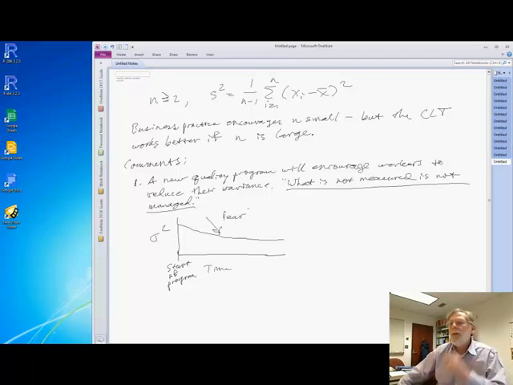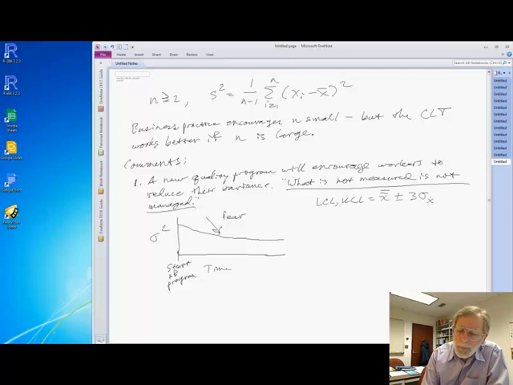Literally. Now the workers know that they're being watched, and their performance is being measured. They start becoming more consistent. What is that going to do to this formula? It's going to take the control limits and shrink them, because this number is getting smaller.